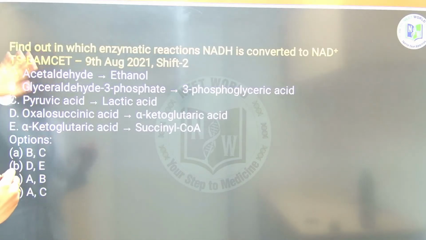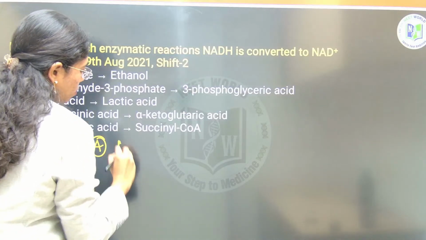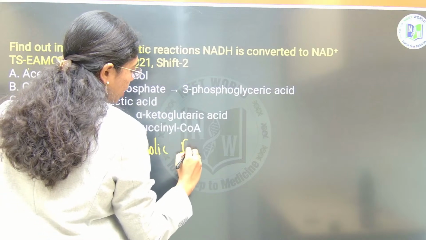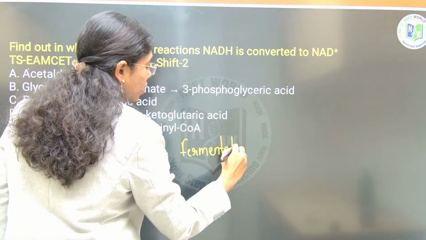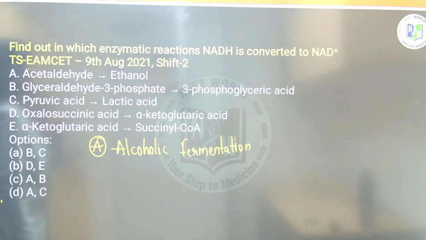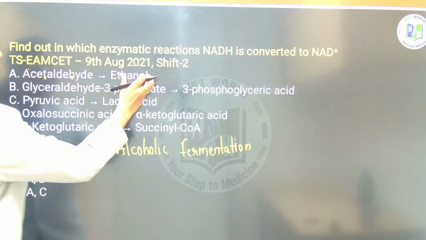So, let us observe option A, which is alcoholic fermentation. It utilizes the NADH which is released at the 6th step of glycolysis, and that is utilized by acetaldehyde to get converted to ethanol.